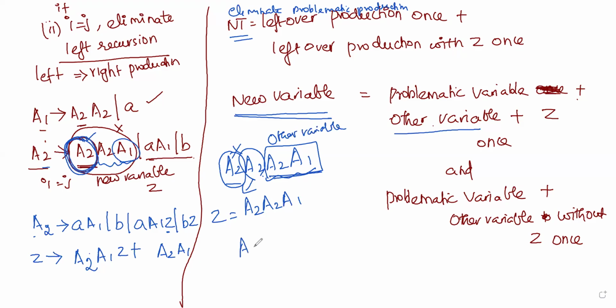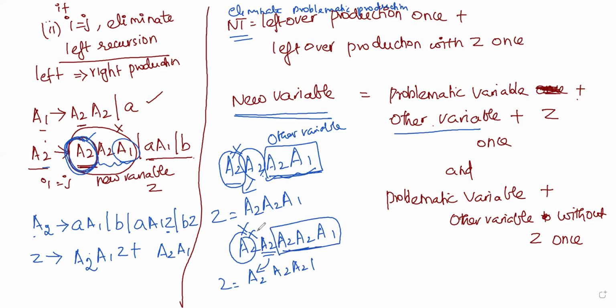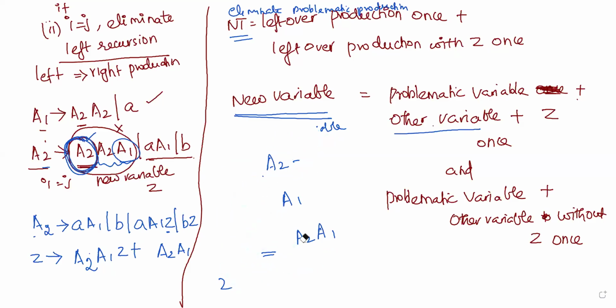So if it is A2 A2 A2 A2 and A1, eliminate the first problematic variable and write the problematic Z. Remove this problematic variable, write the problematic variable once, and A2 A2 A1 will be your other variables. So think in this way. This will be your other variables. Likewise you have to generate Z. So this is my updated production.